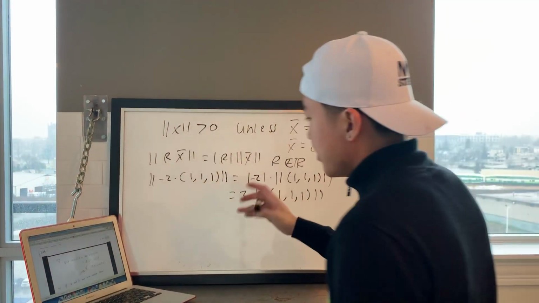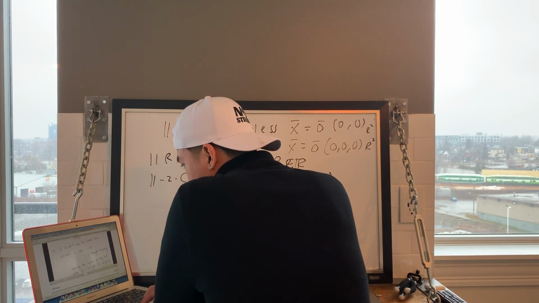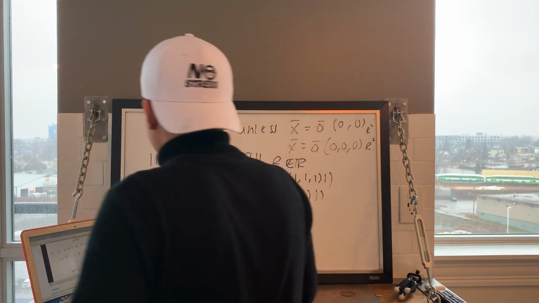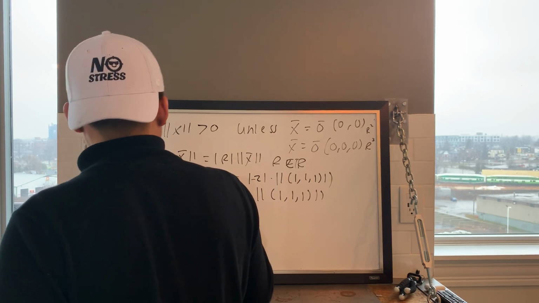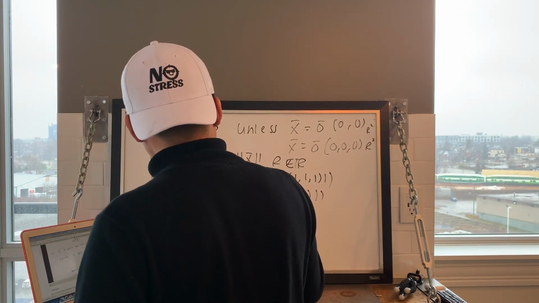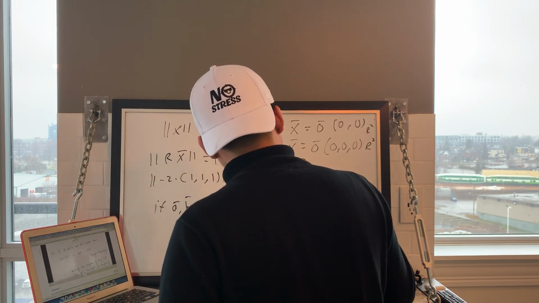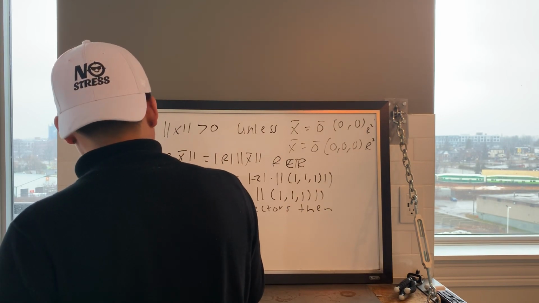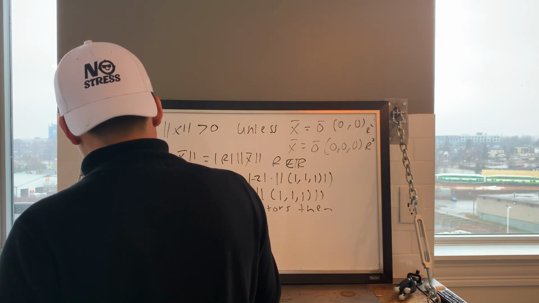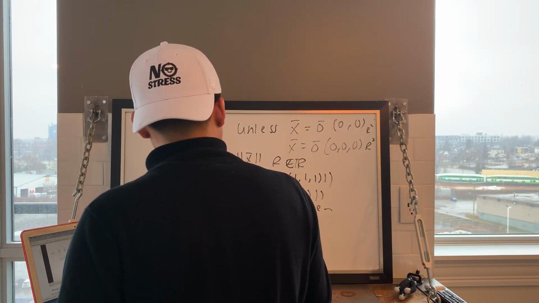Now, that being said, if A and B are 2 vectors, then the length of A plus B is less than or equal to the sum of the individual lengths of the vectors.